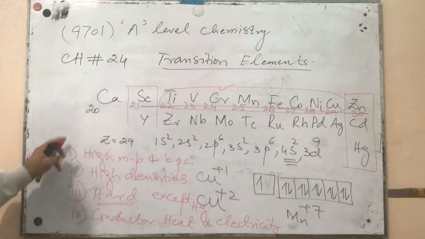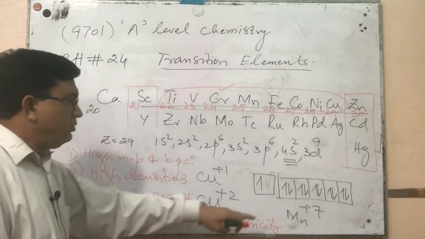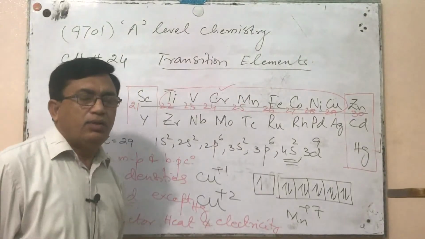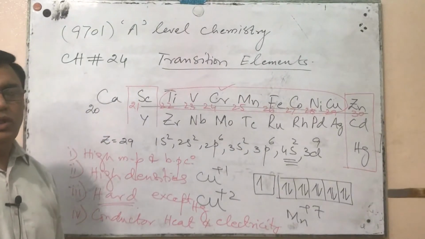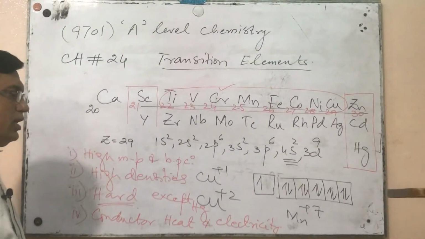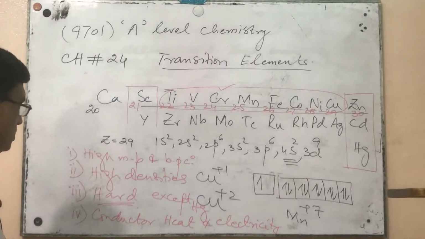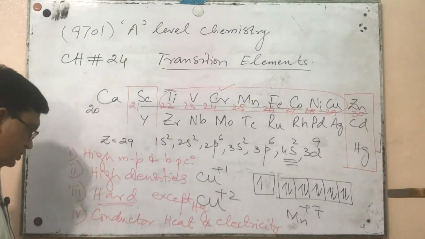These are the physical properties. We have already learned that transition metals with a partially filled d orbital will definitely produce colored compounds, and the non-typical transition metals will never give colored compounds. That is due to the d-d transition of electrons.